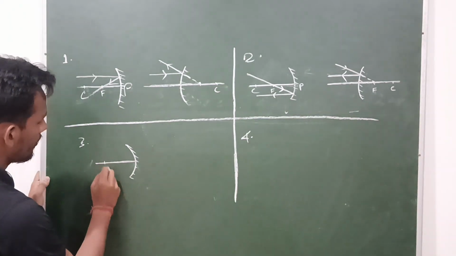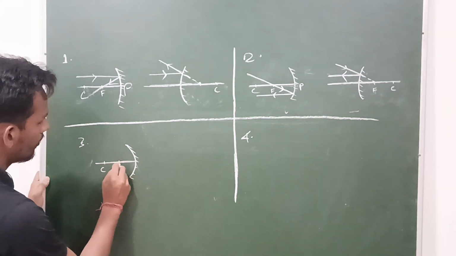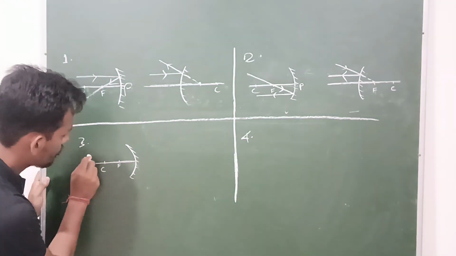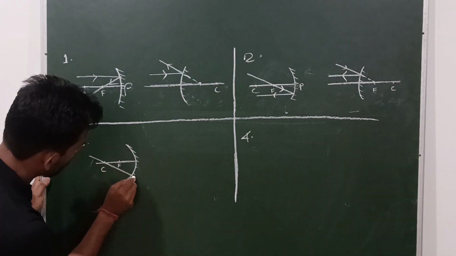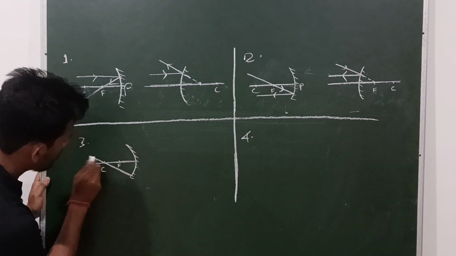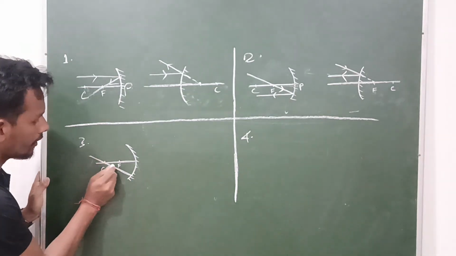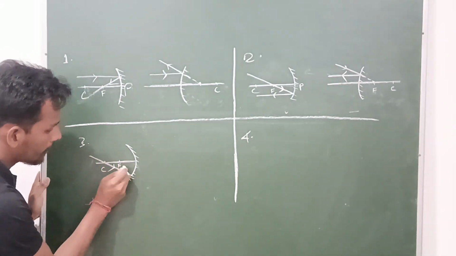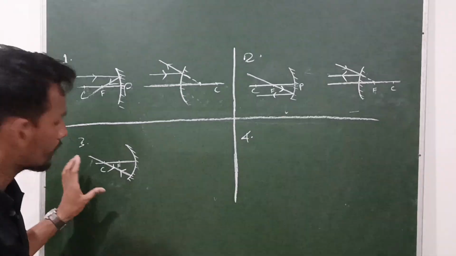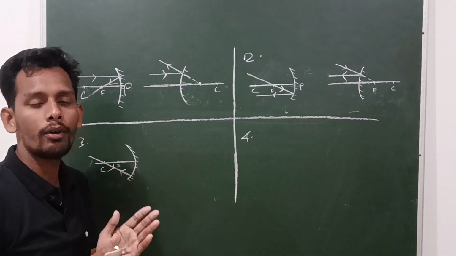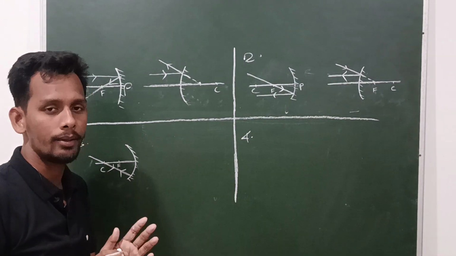In case of concave, this is center of curvature, this is F. So if a ray passes through the center of curvature and hits the mirror, after reflection, interestingly, it will reflect back by the same path. It looks like the normal of the plane mirror.